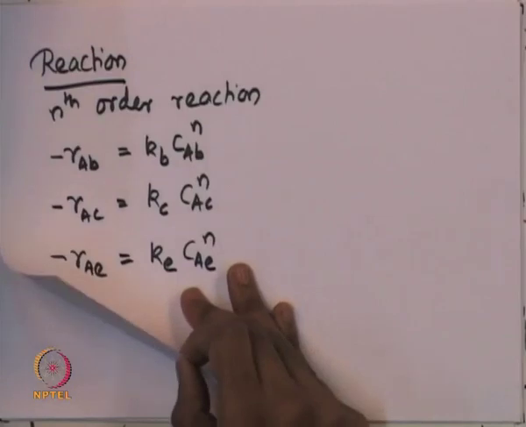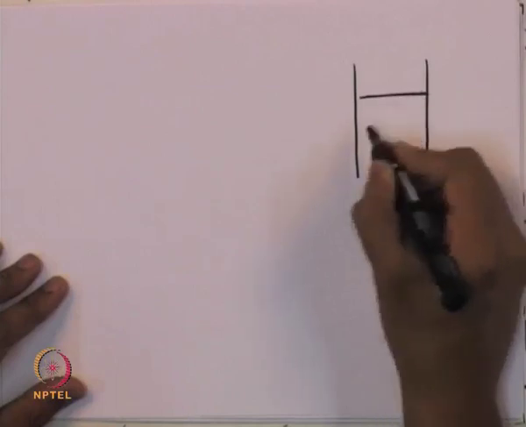So, next we can write a mole balance. Once we know the reaction rates, we can write a mole balance in the fluidized bed reactor in order to capture the behavior of the concentration of the reactant species in the reactor. Let us consider a small element.